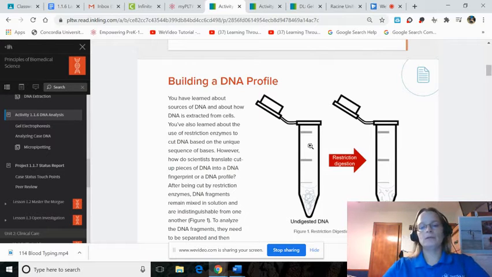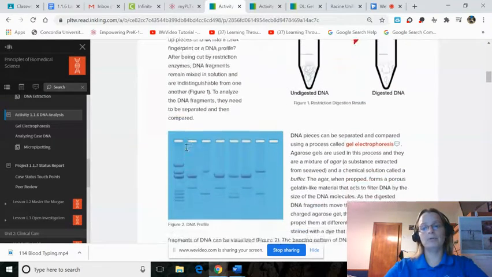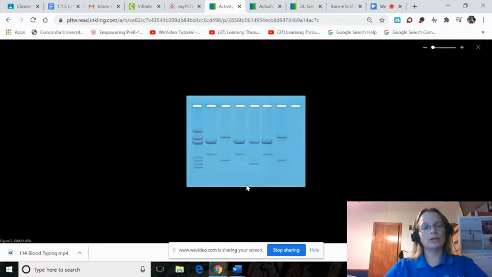So you have your DNA, you've made copies, you've added your restriction enzyme, and you've let it cut the DNA into pieces, restriction pieces. So you have your digestion here. So you have all these different little fragments now, and you need to see what that looks like. That's the DNA profile. And that's where gel electrophoresis comes in.